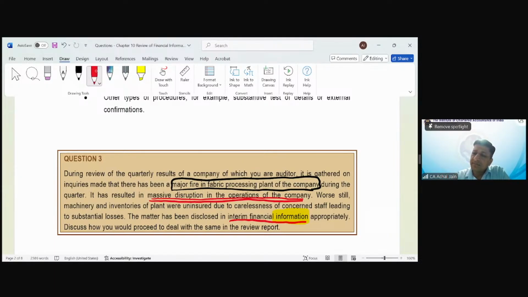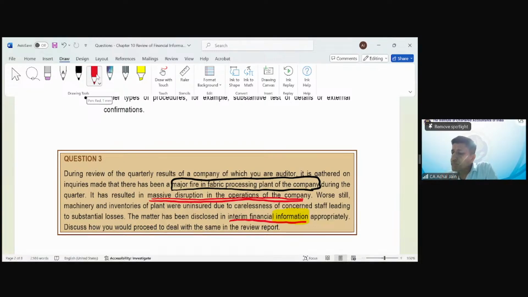And as this is a case, the auditor will inquire and perform other review procedures, such as analytical procedures and desktop details, and deep dive into that. When there is a material uncertainty, there is definitely a significant impact on the going concern.